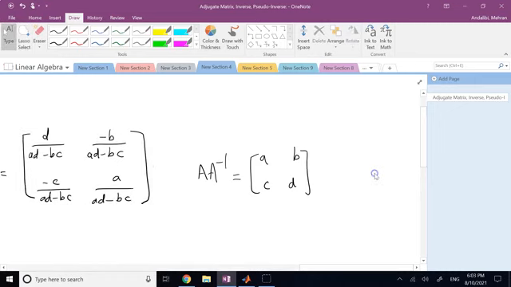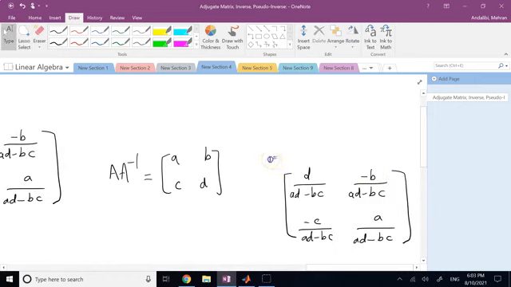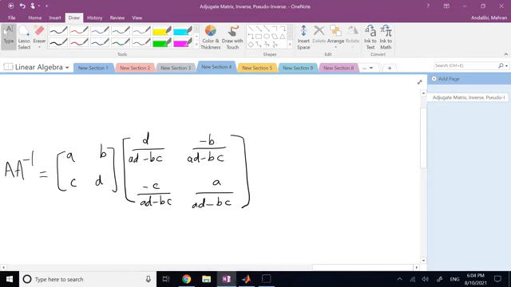So let's copy it here and bring it up and multiply the 2 by 2 by the 2 by 2, see what we get. First row times first column, so it's going to be AD minus BC. And if you look, they all share the same denominator.